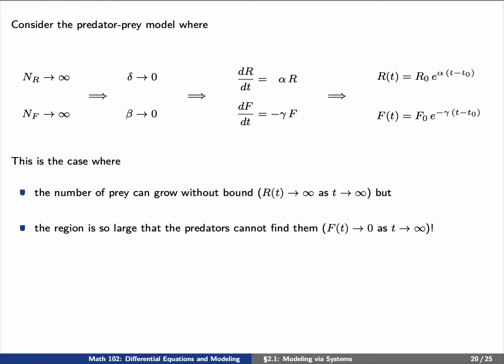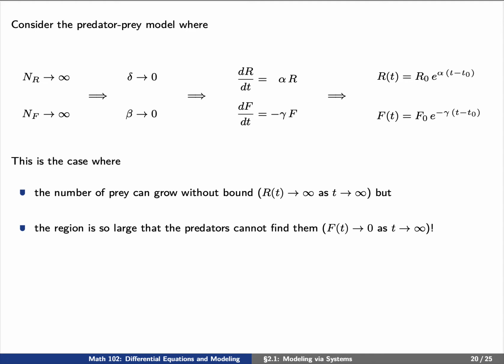However, this also says that the regions in which the rabbits and foxes live is so large that the predators cannot find them. This is the idea of n sub f. N sub f tending to infinity means that if we have foxes, unfortunately there aren't enough foxes to keep the rabbit population in check. So actually the number of foxes will decrease and go to 0.